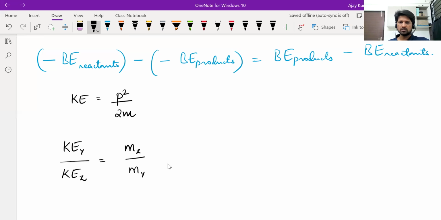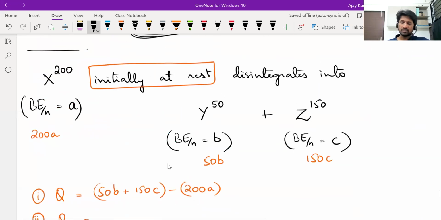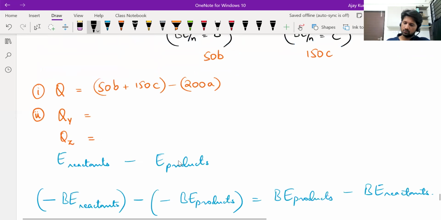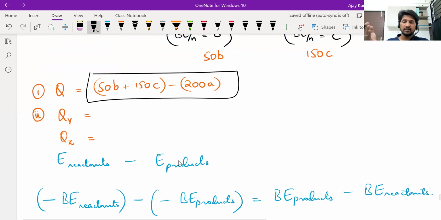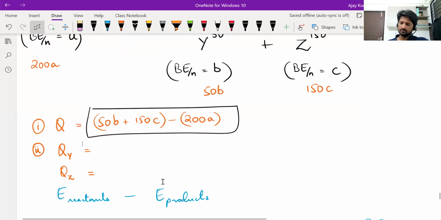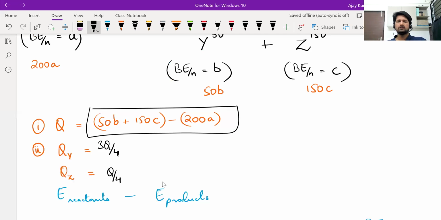It is inversely proportional to mass. Mass of Z is 150, mass of Y is 50 in atomic mass units. So this is 3:1. Whatever total kinetic energy is there, split it into 4 parts. Y gets 3 parts, Z gets 1 part. Means Y gets 3/4 of the total and Z gets 1/4 of the total energy released. That way you can tell their individual energies.